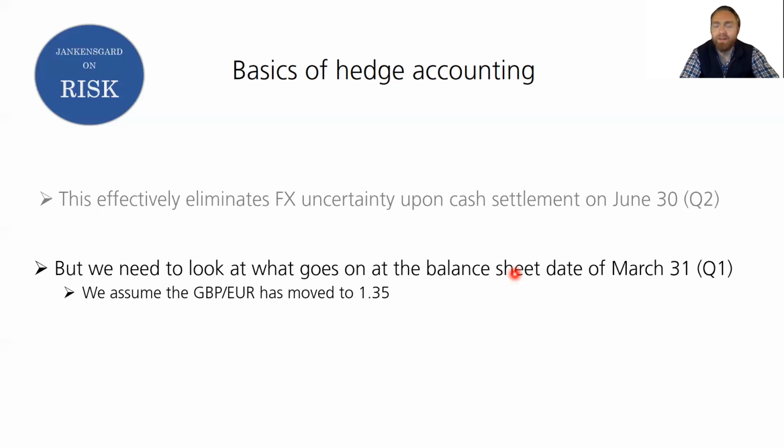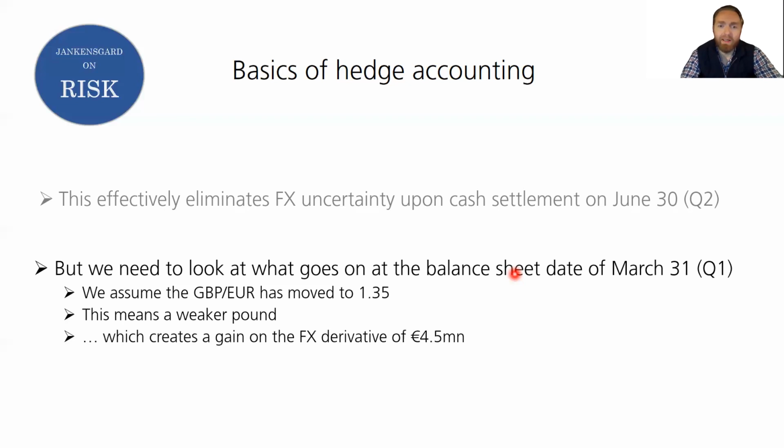We have to close the books on March 31 here at the end of quarter one, and let's say there's been a change in the exchange rate, so that it's now 1.35, and that's a weaker pound. It takes fewer euros to buy £1, so that is bad from a business point of view because the receivable is now worth less, right?